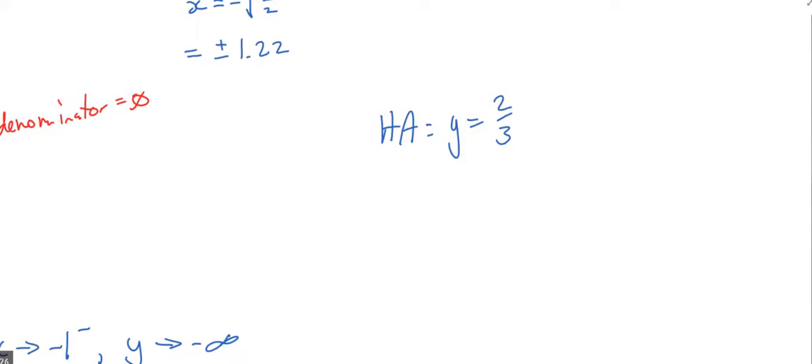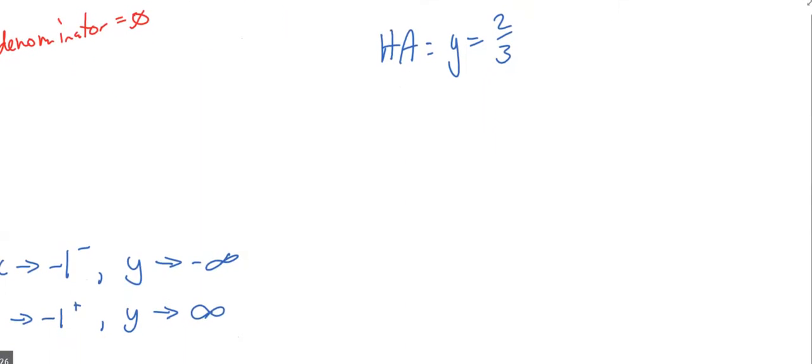So the testing for this is very different, and every year there's a few people who get them mixed up or get them confused or don't fully understand. So all I can say is you've got to understand what you're doing, and why we do one thing for vertical asymptotes and something very different for horizontal asymptotes.